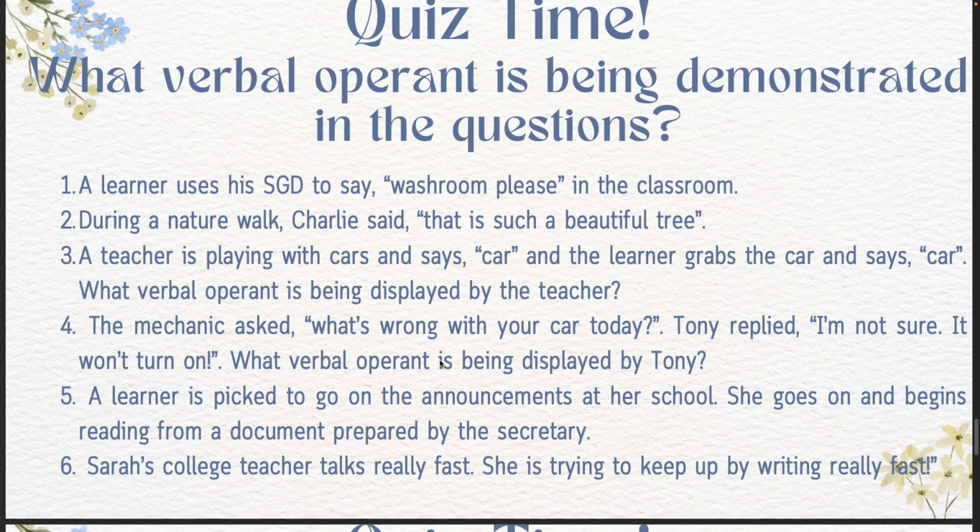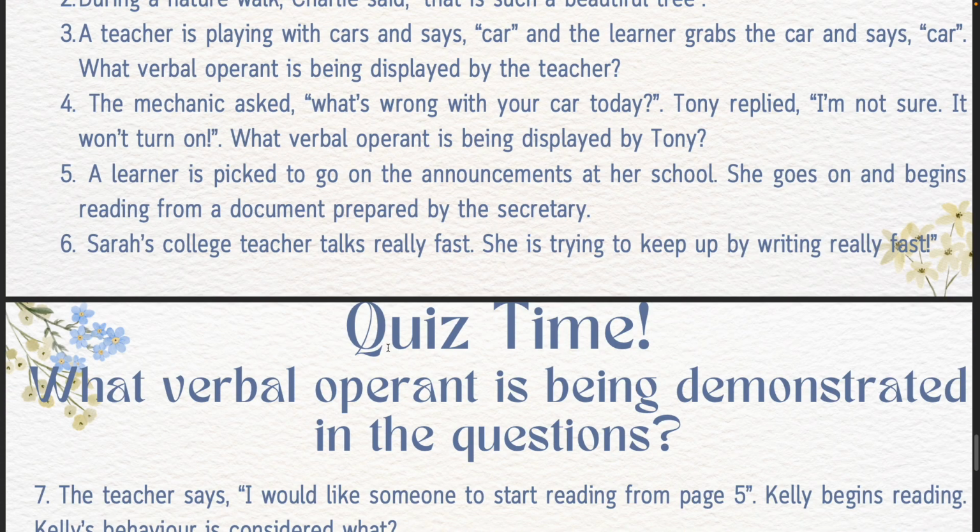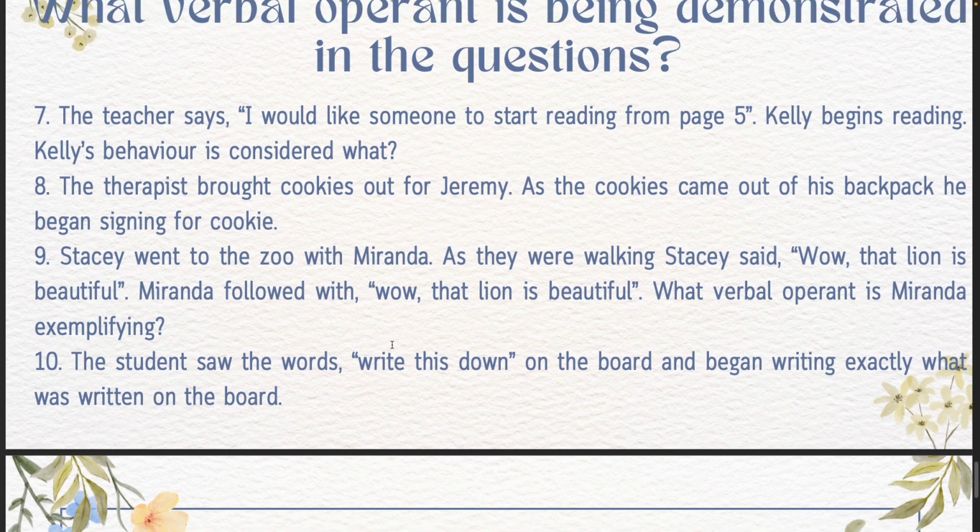So in this case, the teacher is talking and Sarah is writing. So what is that verbal operant called when you are listening and doing something? Listening and writing? Absolutely, it's our transcription. Perfect. Transcription is our verbal operant that's all about listening and writing.